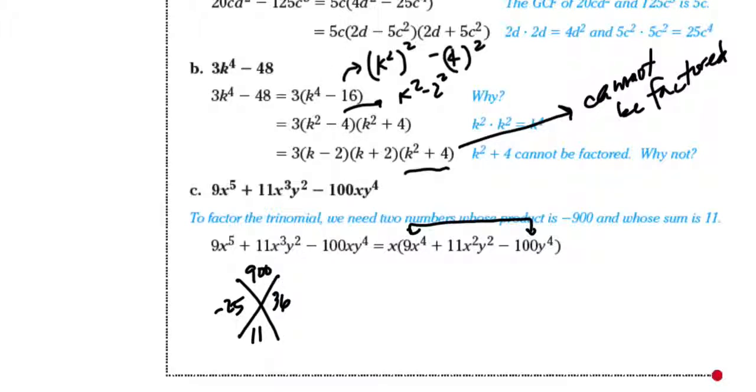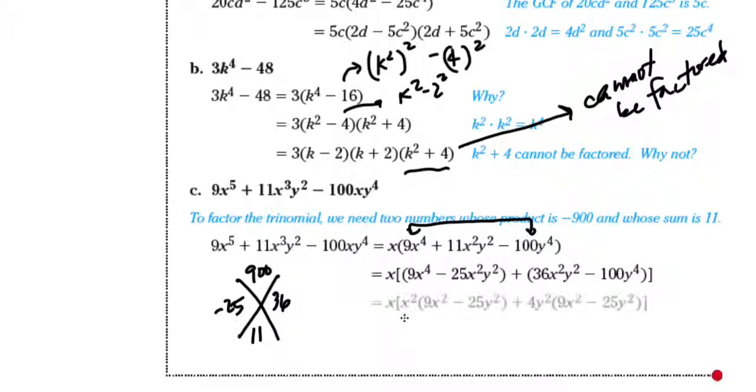Okay, so using that, we can now rename 11x cubed y squared as x times 9x to the fourth minus 25x squared y plus 36x squared y squared minus 100 y to the fourth. And since the coefficient is not equal to 1, we group them as what you see here. And then find the GCF of 9x to the fourth minus 25x squared y, and find the GCF of 36x squared y squared minus 100 y to the fourth, and we factor them out.